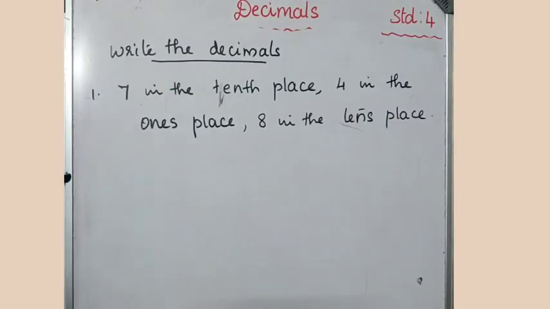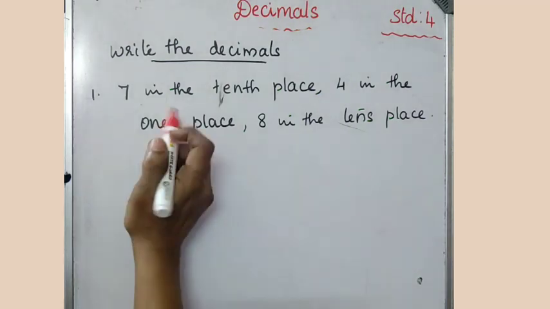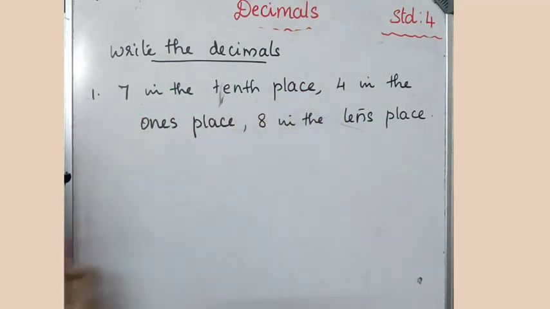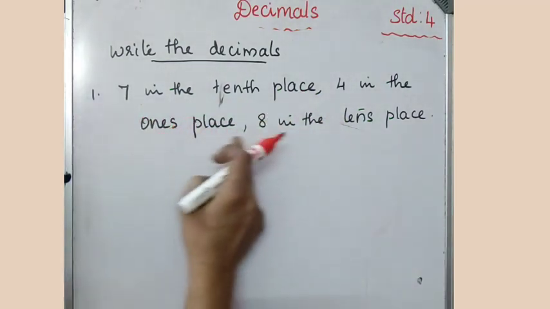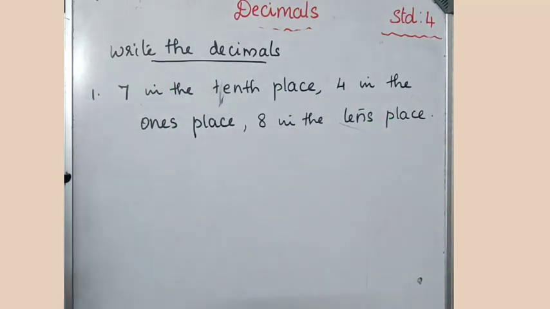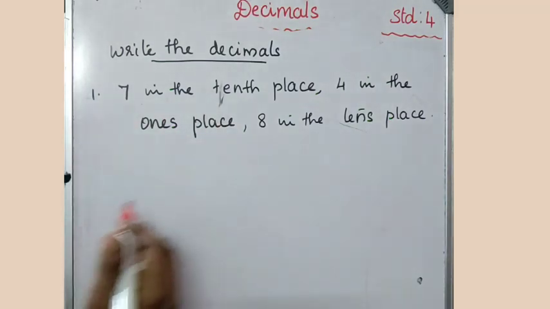Okay. Like this you have to do the exercises. Look here, there will be another type of question. Write the decimal numbers. The question will be: 7 in the tenths place, 4 in the ones place, 8 in the tens place. How will you write the decimal number? If you know the place values by heart, then only you can write the decimal number. You have to understand the structure of the place value of the decimal places.